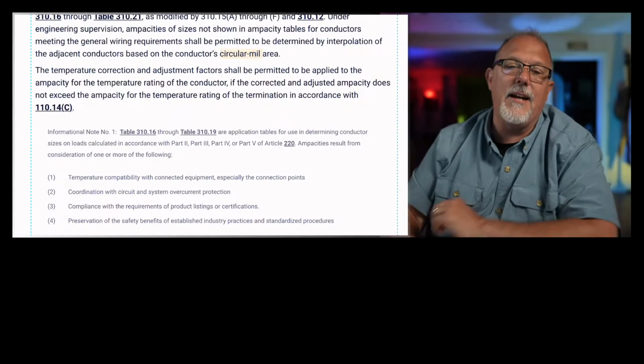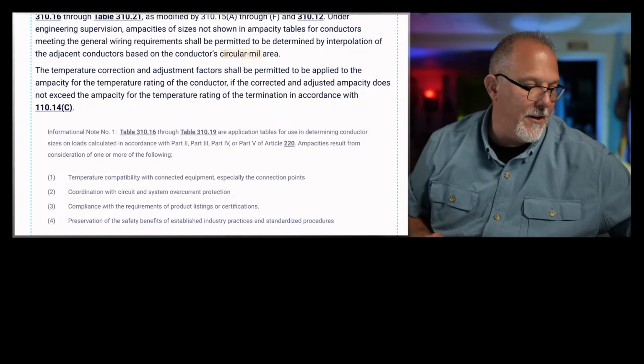So what that's telling you, so John McCamish and I had a discussion today on that very statement. It says that the adjusted ampacity does not exceed the ampacity for the temperature rating. So what that's telling us is that when I go into Table 310.16, I'm using it for two things.